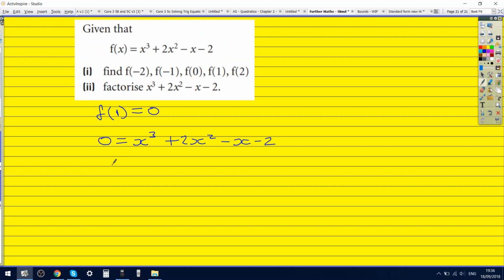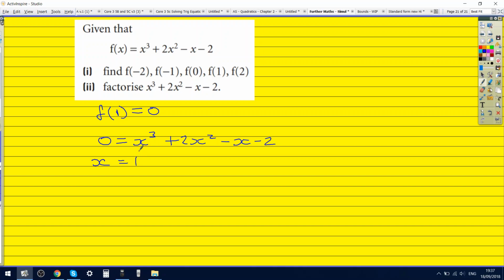So what is one solution? 1 plus 2, which is 3, minus 1, 2, that gives us 0 there. So that tells us that one solution is x equals 1. So for this long function to make 0, one solution is when x is 1.